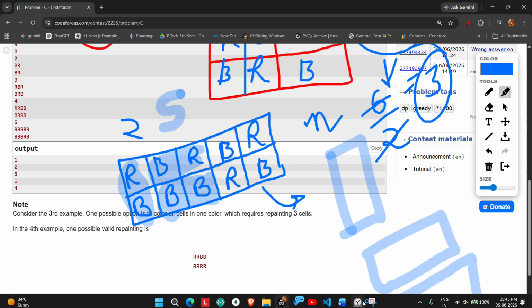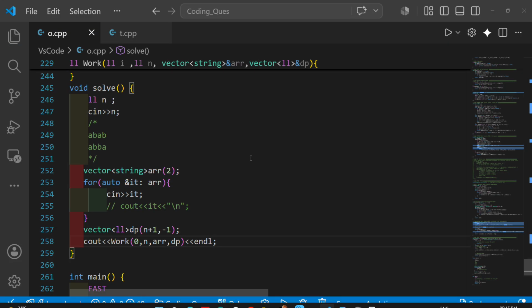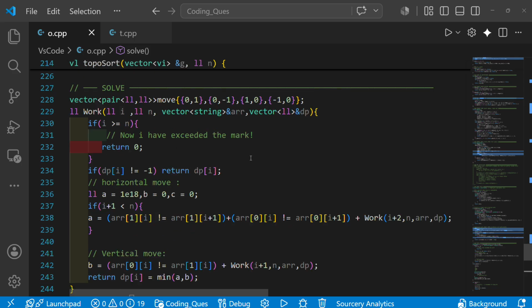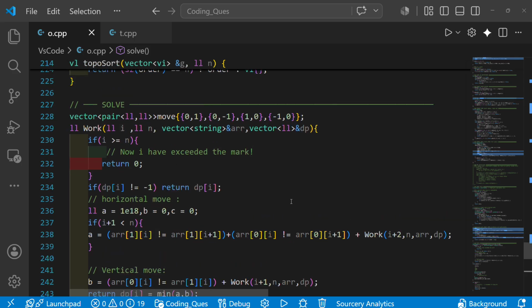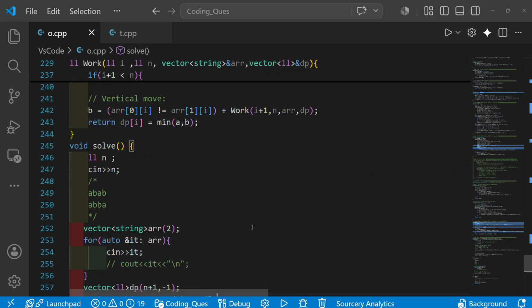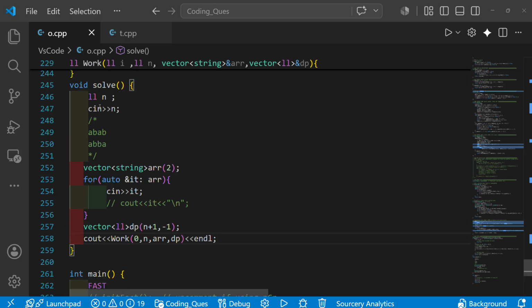There is no harm in it. Let me show you my code, what I did. So this is my code. Here is my input. I took n, the number of elements in a single row. I've taken them as a string as input. So n is just for my reference. It doesn't have to do anything, and it doesn't need to be mentioned here.